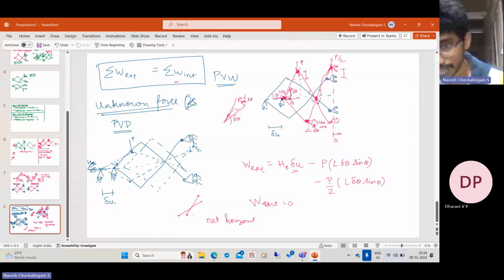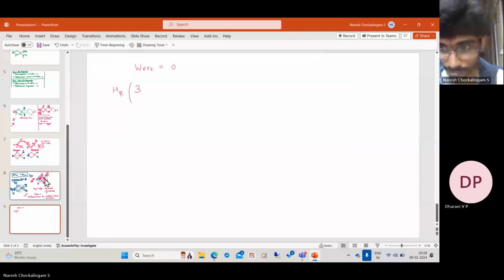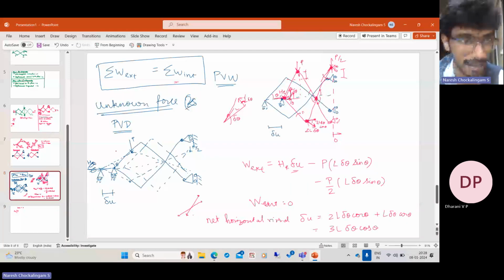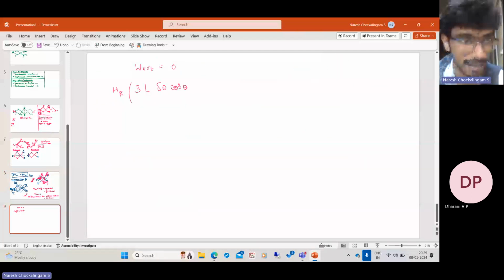So the horizontal reaction multiplied by 3L delta theta cos theta minus P by 2, L delta theta sin theta is equal to 0.